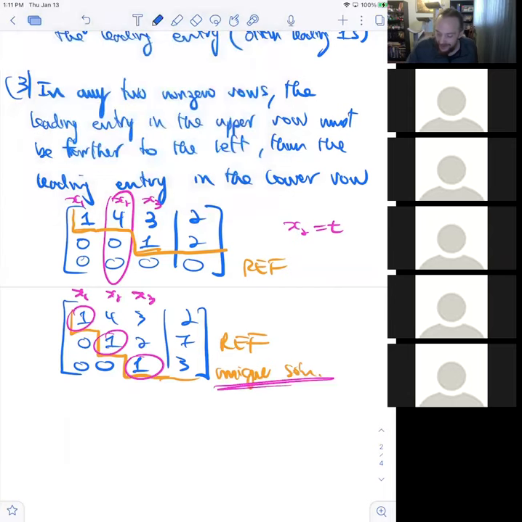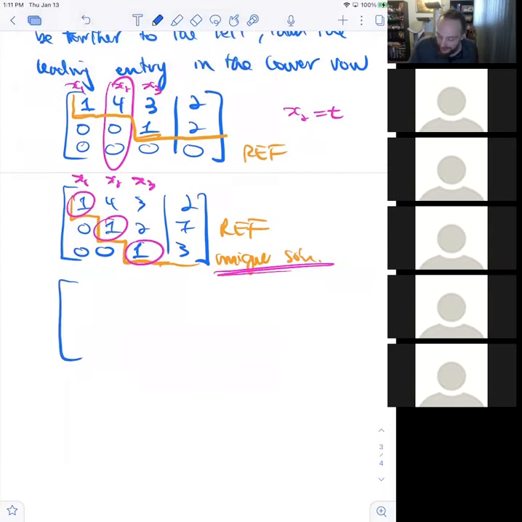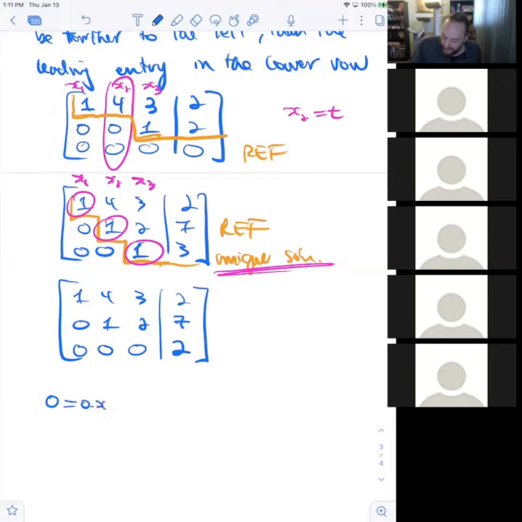And then the final case in REF for a 3 by 3 should look like this. If I have 1, 4, 3, 2, and then I have 0, 1, 2, 7. Then if I have 0, 0, 0, 1, or it doesn't matter what the number is, then this says 0, which is equal to 0 times x1 plus 0 times x2 plus 0 times x3 is equal to 2.